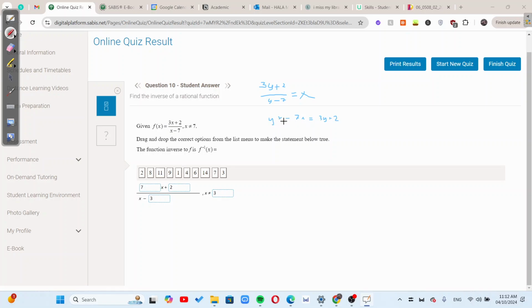Now we're gonna take y, we're gonna move all the y's on one side, and you're gonna move all the x's and numbers on the other. So yx plus minus 3y equals 7x plus 2.